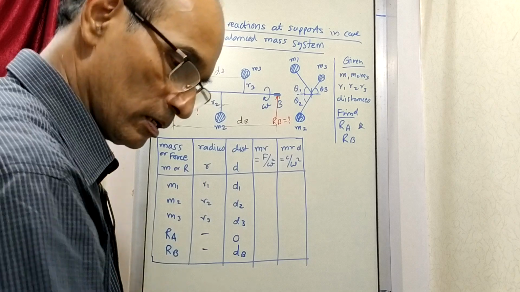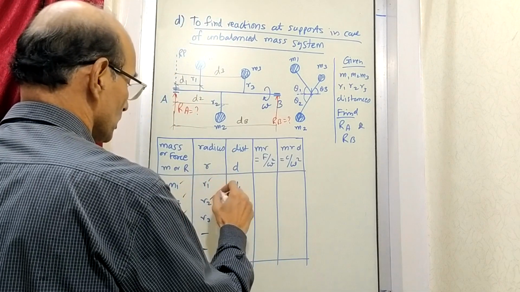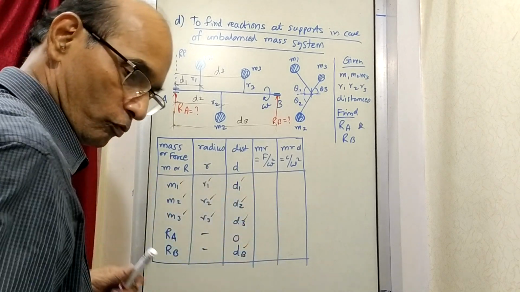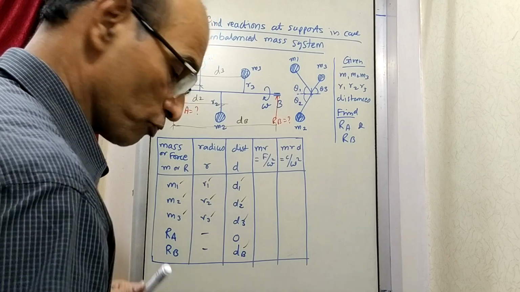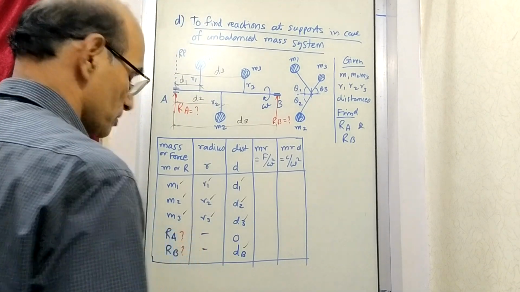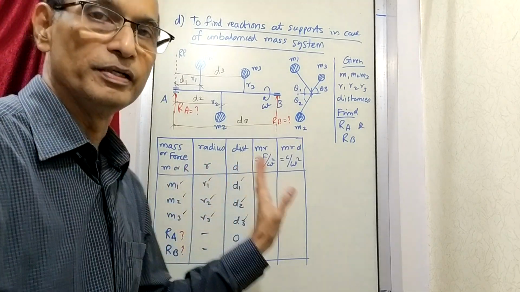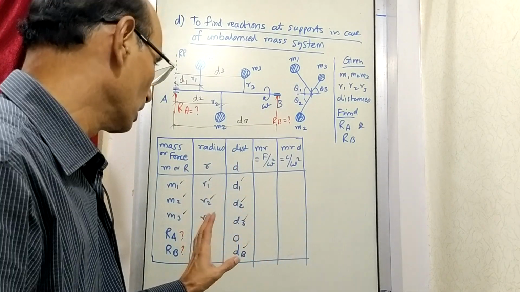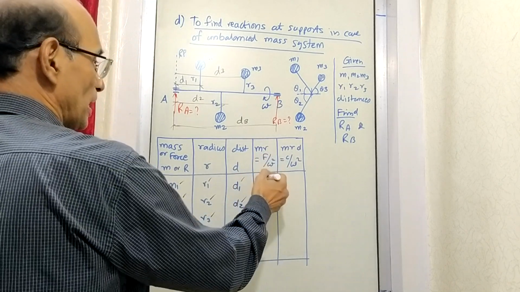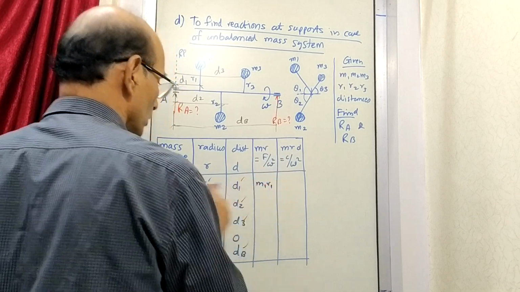Now in this table, these many things we know, and we are asked to find out these things. So this is the initial stage. We start like this. Now see what we do. We are going to write here M into R. So M1 R1 value is known.